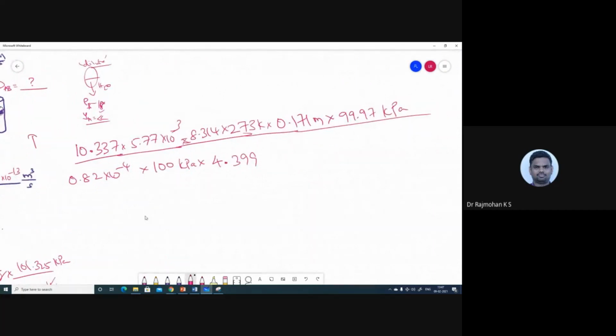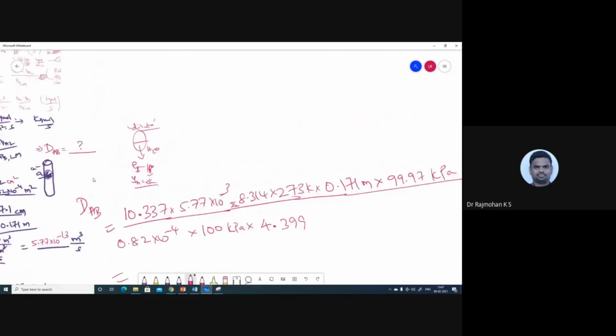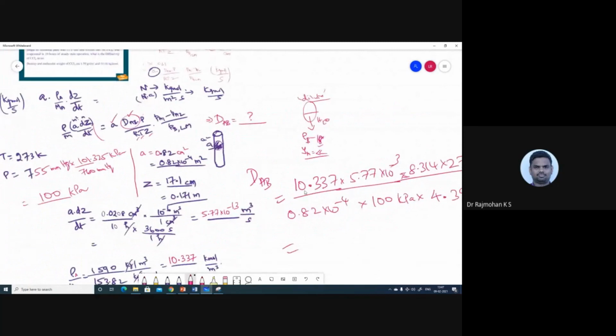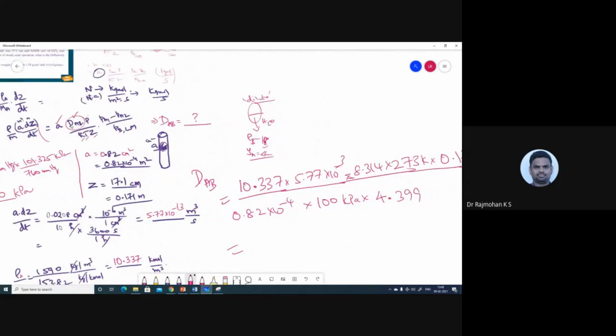So we have DAB is equal to all these terms. So we have taken care: the rho by m term is 10.337. The A into dz by dt term is 5.77 into 10 power minus 3. So those are on the left hand side. On the right hand side, except DAB, everything else is taken to the right.